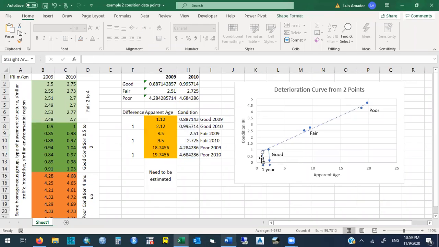And the same is true for this second pair of points, and the same for this pair of points and for each and every pair of points that I want to establish there.